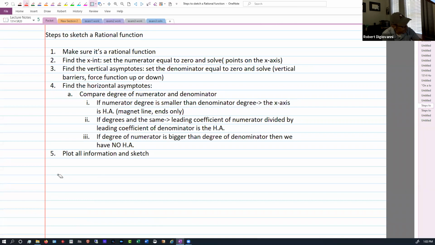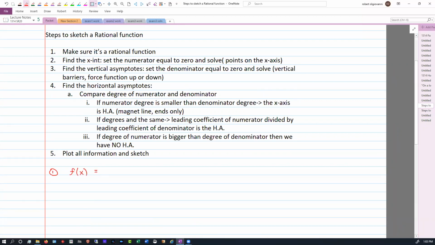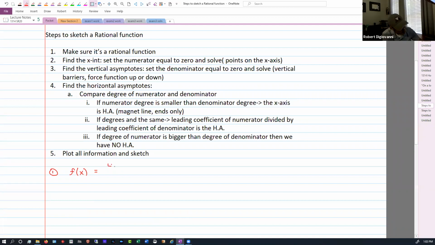So the first one, let's do f of x equals 4x minus 12 over x plus 4.